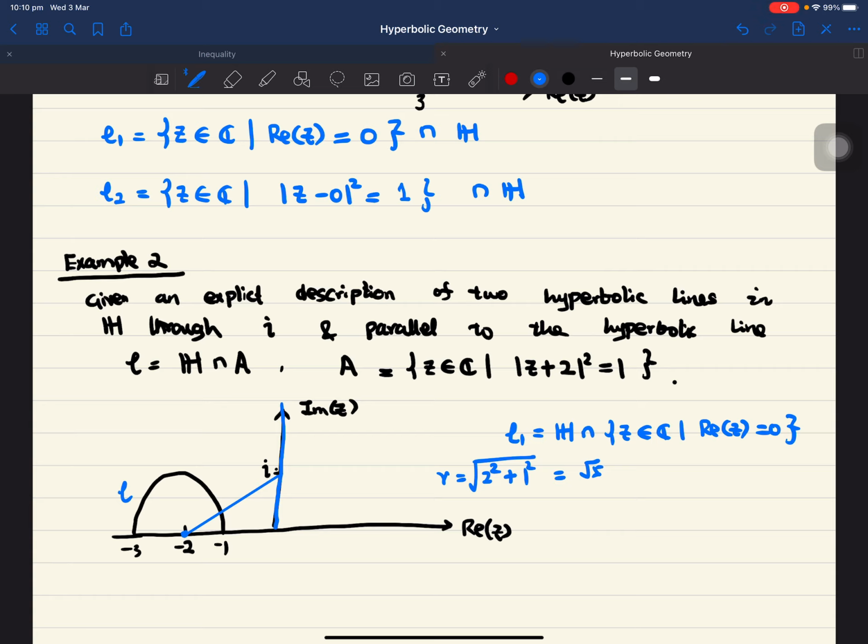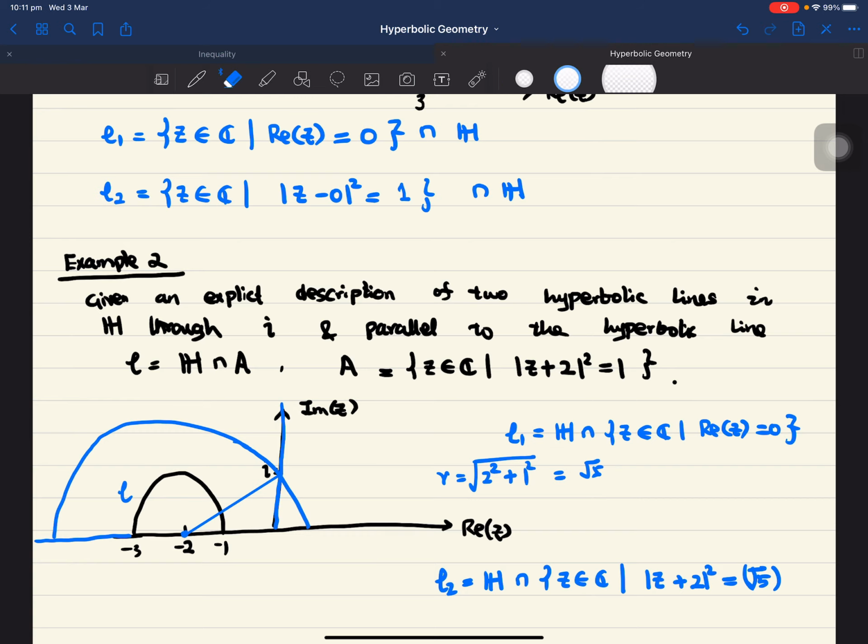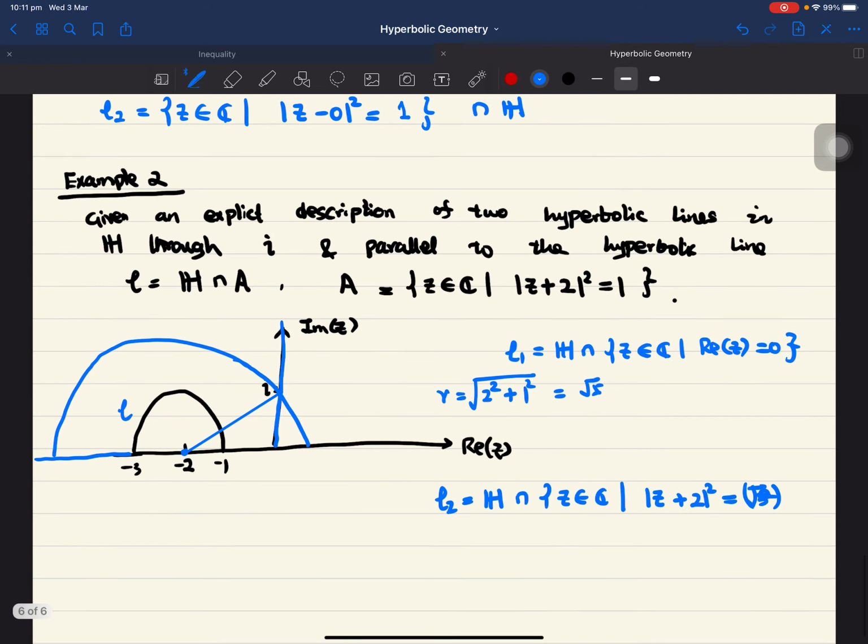So we have a concentric Euclidean circle that does that. The second line L2 would be the hyperbolic plane intersecting with the set of z in the complex plane such that |z + 2|^2 is equal to root 5 squared, which is equal to 5.